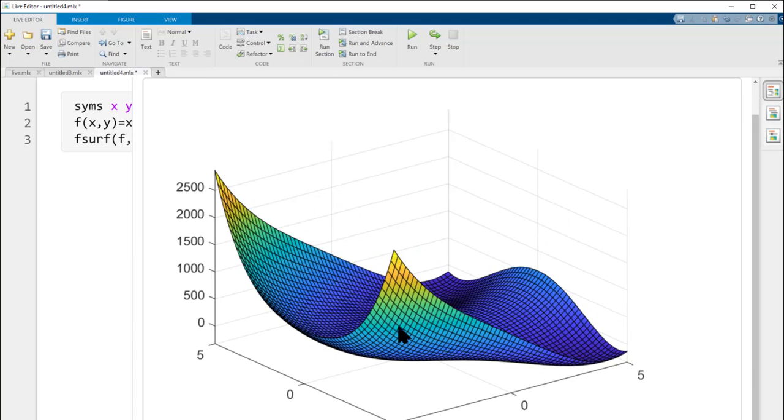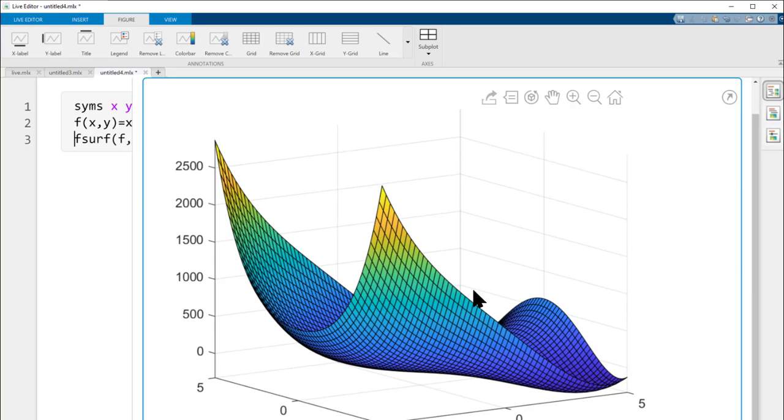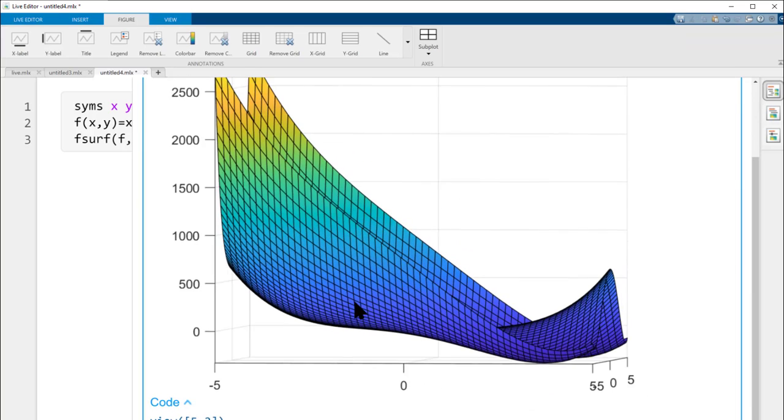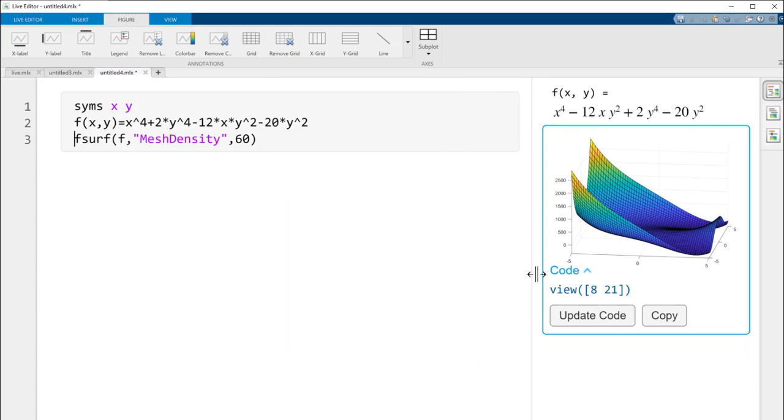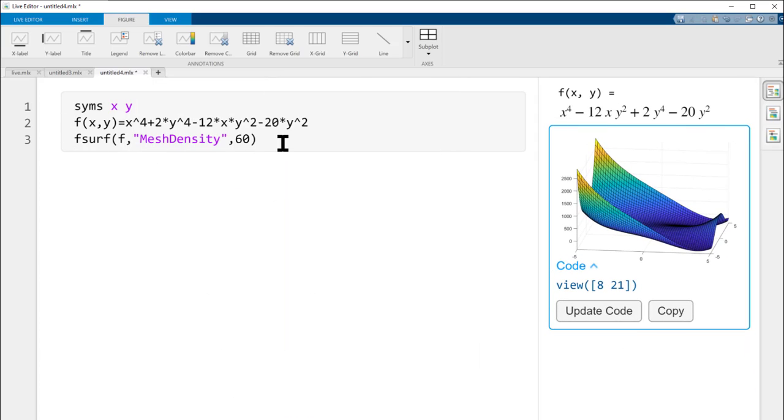Okay, so if we look at the graph, it looks like we have a saddle point here, and it may need some more window to be graphed in. So let's go ahead and increase the window, or just give it a different window.